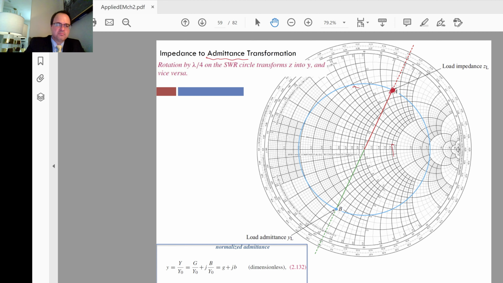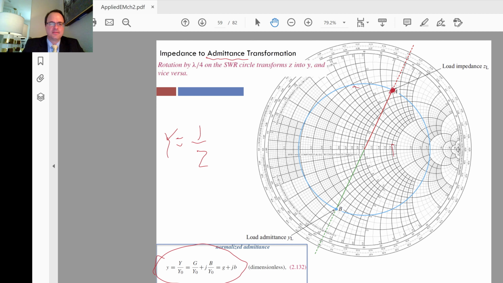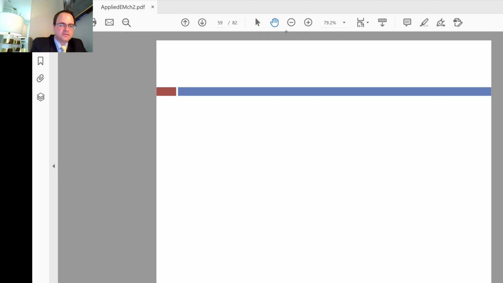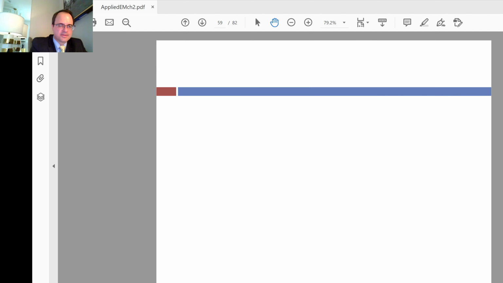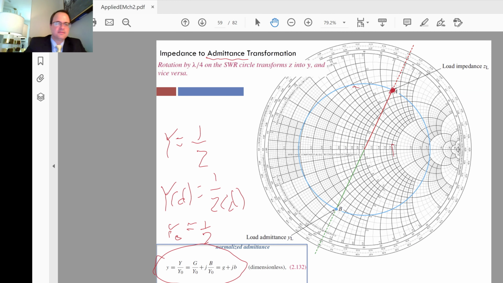To then go to the admittance, which, by the way, is given by 1 over the impedance. So Y is equal to 1 over Z. And both of these can be phase shifted, so Y sub D is equal to 1 over Z sub D. And then we also have Y naught, the characteristic admittance of the line, equal to 1 over Z naught, the characteristic impedance of the line.